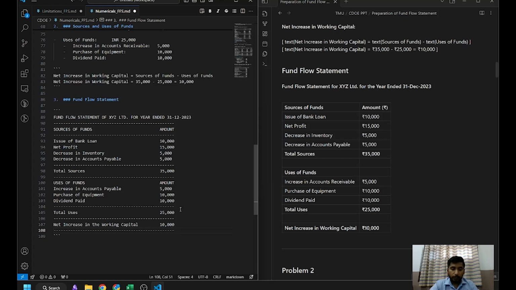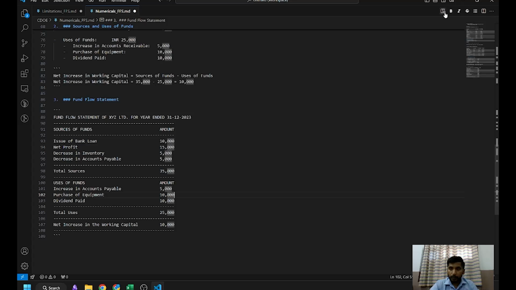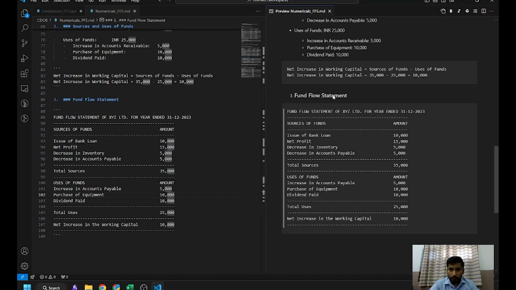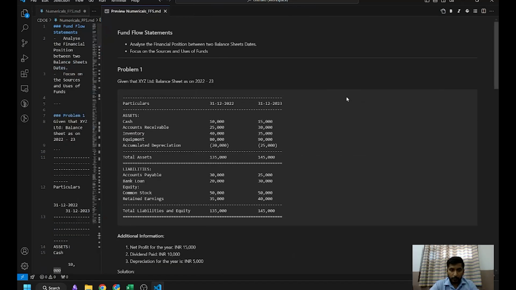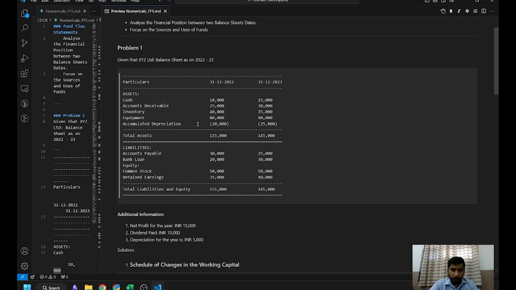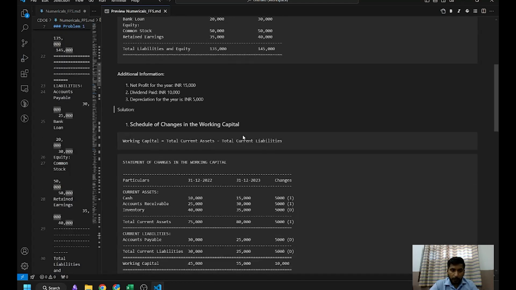So this is how the fund flow statement will be prepared. Let us just understand it. We were given a balance sheet and additional information.